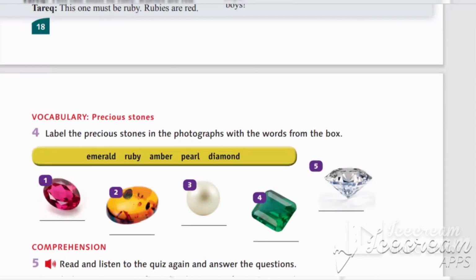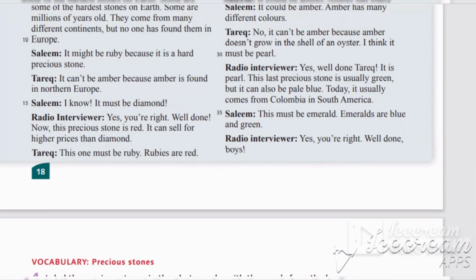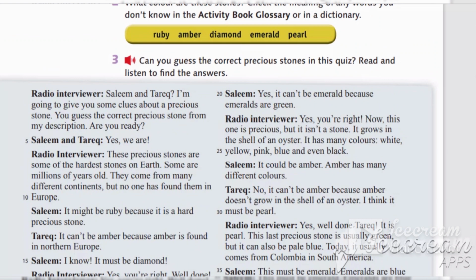Student's book, page number 19. Let's remember the last lesson. It was an interview between a radio interviewer and Salim and Tariq. They were talking about treasures of the earth, about names of some precious stones like ruby, al-yaqut, amber, kahraman, diamond, almas, emerald, zumurrud, pearl.